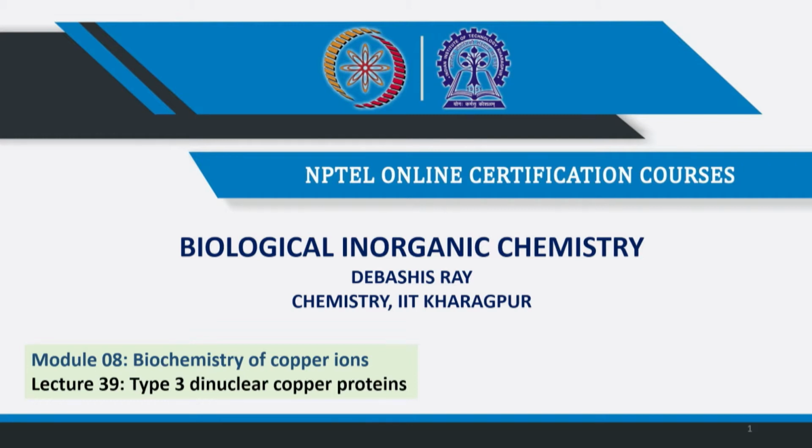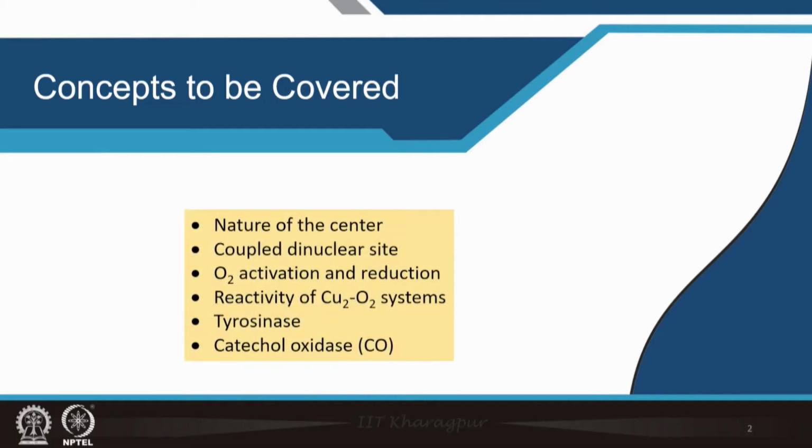In this class, after type 1 and 2, we will go for type 3. So, type 3 copper proteins: the nature of the center we have already learnt and seen in some other examples, but we can concisely see some new examples and some more things. These are coupled dinuclear, not uncoupled long-distance, copper centers.